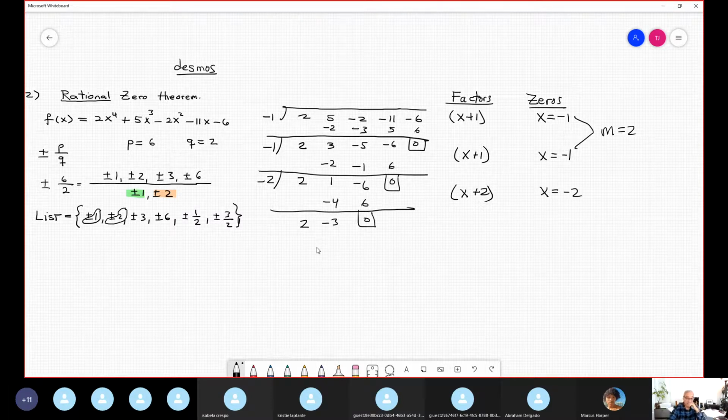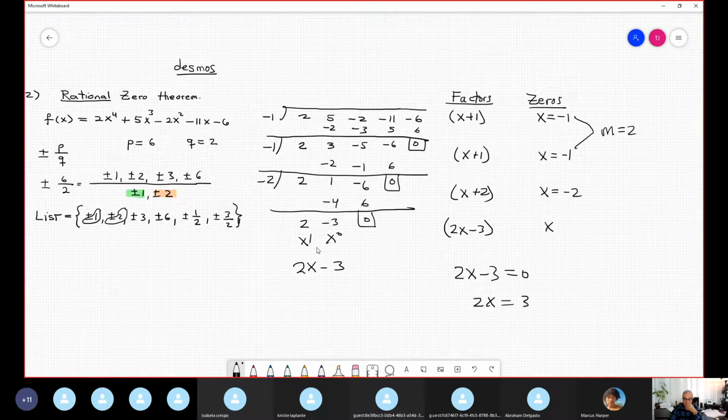Bueno, the last factor is this, x to the 0 and x to the 1. So actually it's 2x minus 3. And the zero is when you take 2x minus 3 equals 0 and you solve for x. 2x equals 3, x equals 3 over 2. Wow, exactly what the list predicts. Positive 3 halves.